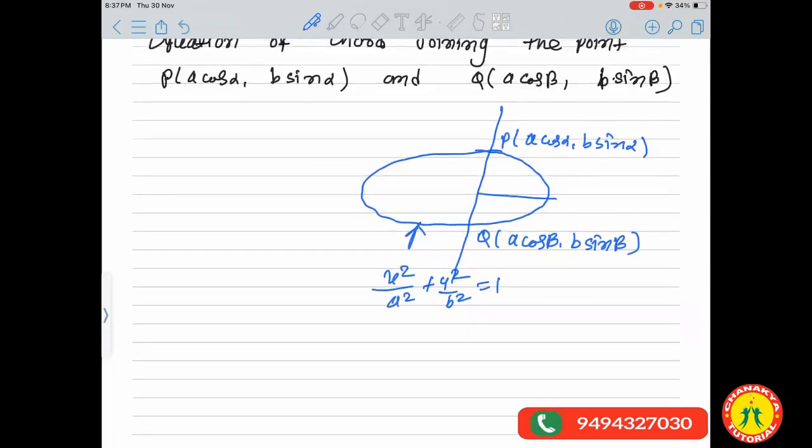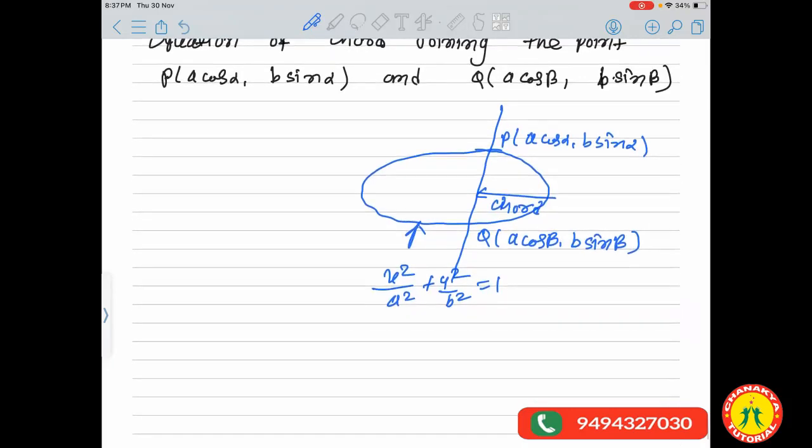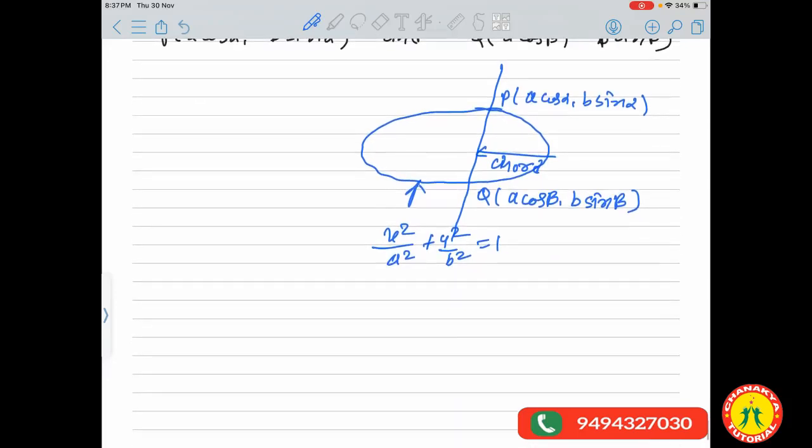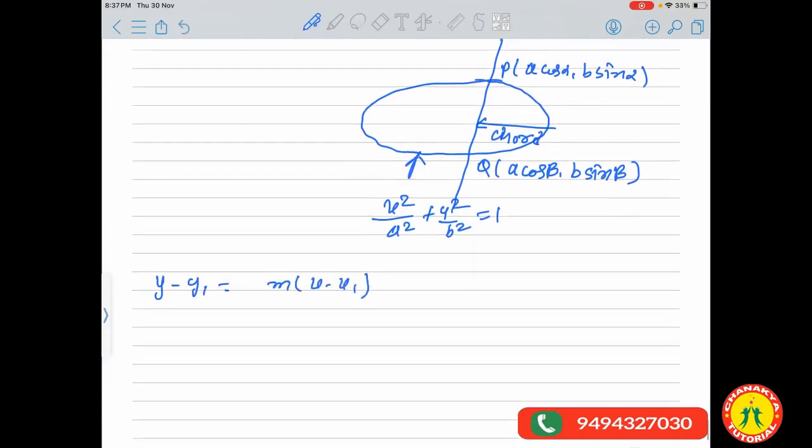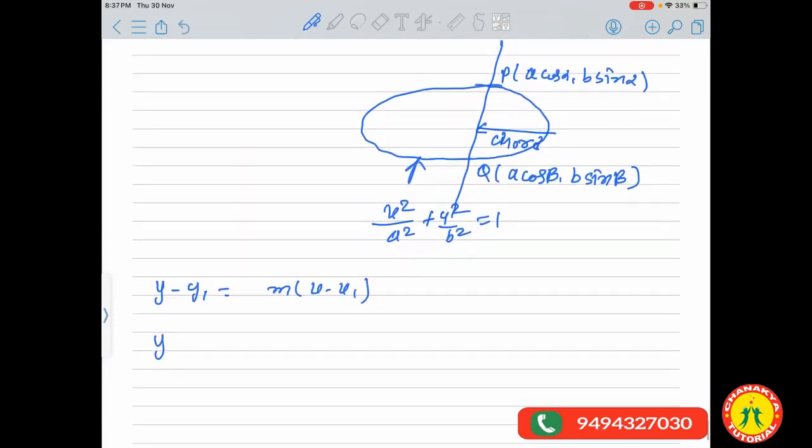This is a chord joining P and Q. So simply we can write the line equation, right? So write y minus y1 equal to m times x minus x1, like that. So let's take the point P. So y minus y1, that is b sin alpha, is equal to m, the slope, which will be b sin beta minus b sin alpha.